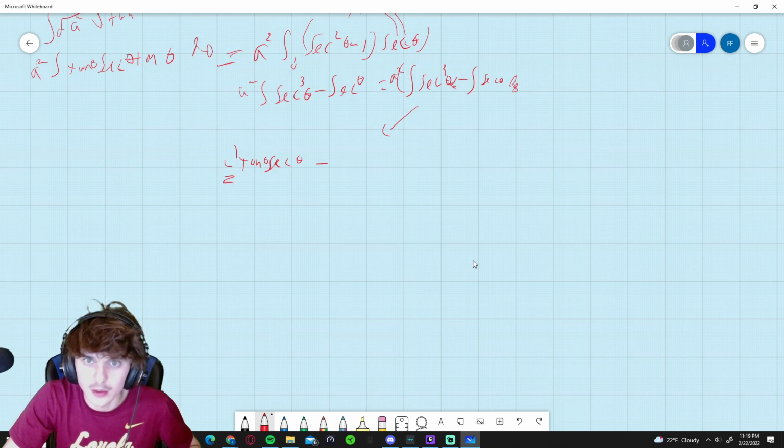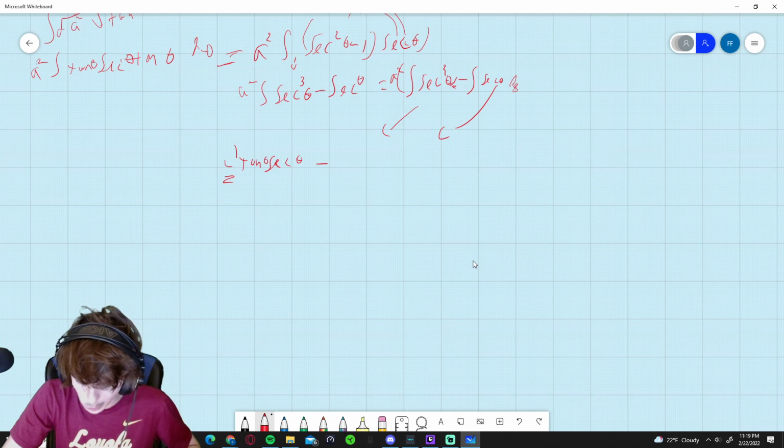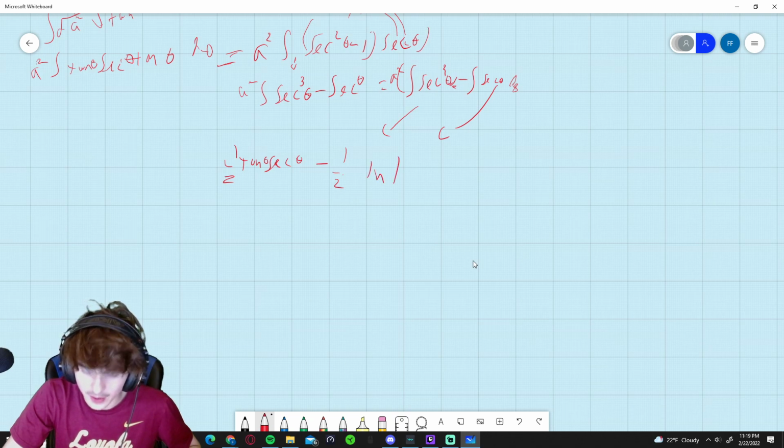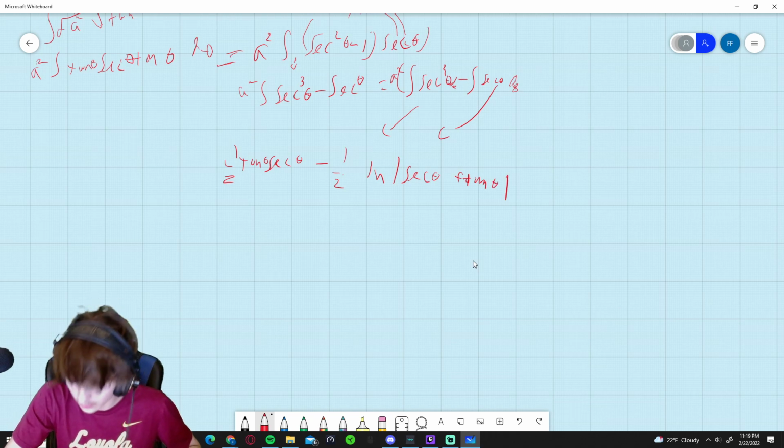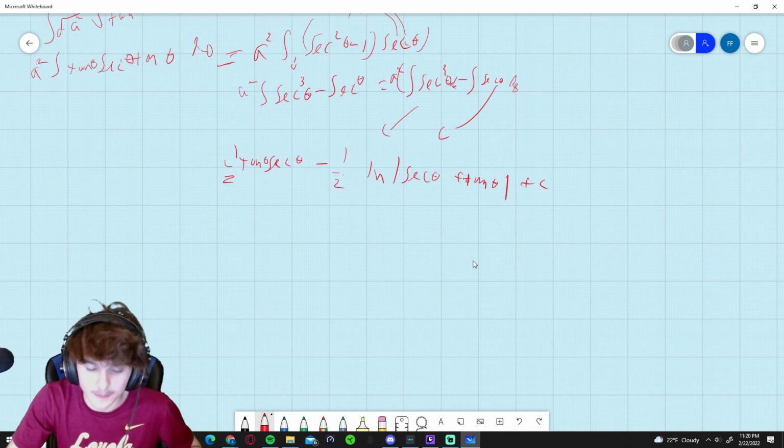Minus. We did this. That's that integral. Now it's this term's integral. So this one's 1/2 times ln, the absolute value of secant theta plus tan theta. That's one of your rules.